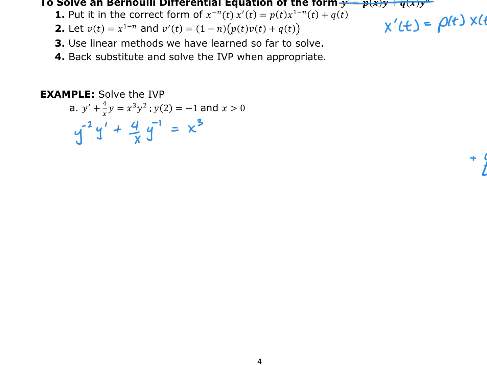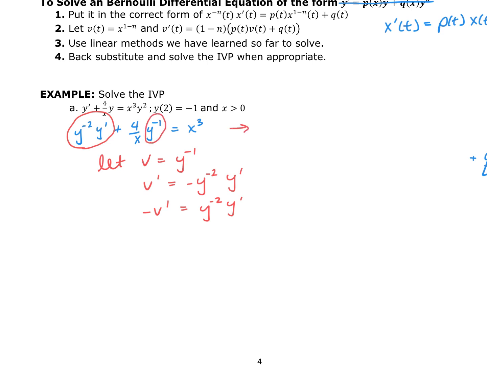Now here's where I would do my u, or in this case v, substitution. I'm going to let v equal y raised to the negative 1, and I got that from right here. Now I take the derivative, so v prime is equal to negative y raised to the negative 2 times y prime. So negative v prime is equal to y raised to the negative 2 times y prime, and I have a replacement for this one and for this one.